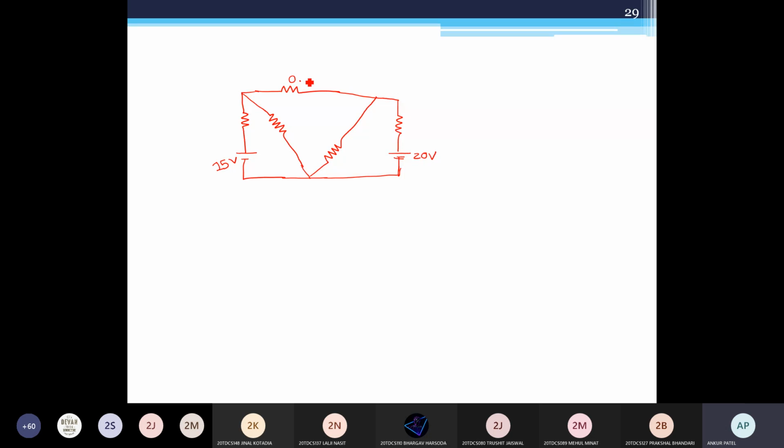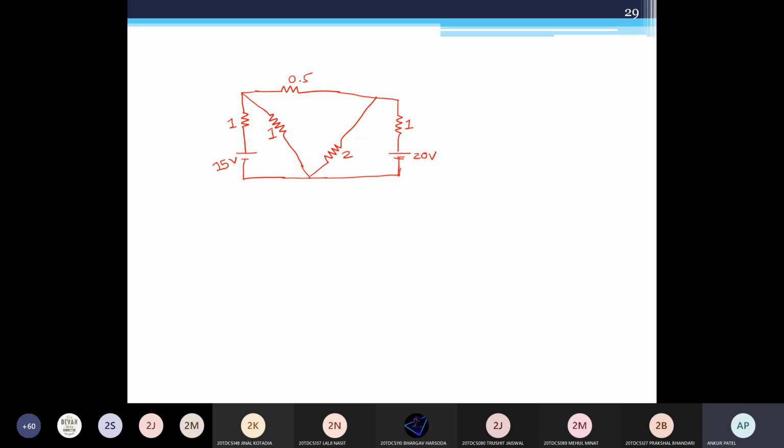This is your 0.5, this is your 1, 2, this is your 1, and this is also 1. Just apply nodal analysis and find out the node voltages.